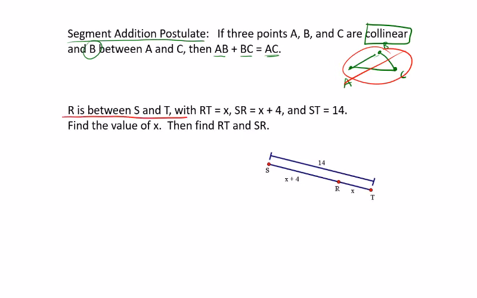So right away when they say R is between S and T, we know that they are collinear, and we can see the visual here that R is on the line ST. So if we see R is between S and T, we know that RS plus RT must equal ST, right?